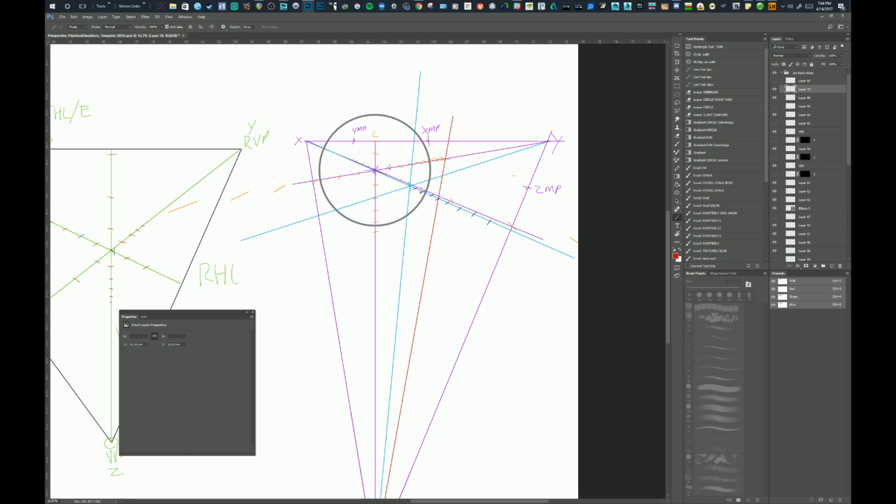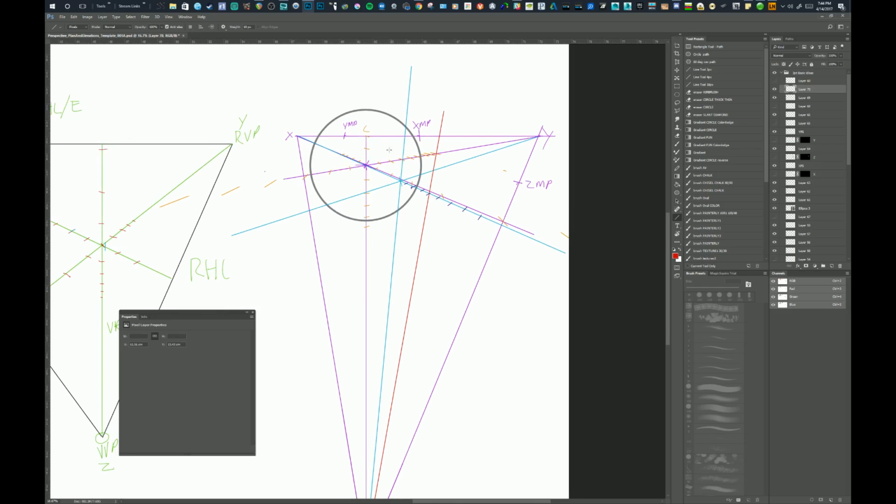So this is the furthest unit back on Y. And if I go down to Z, notice how it hits the floor here, and where it hits the floor, it's 1, 2, 3, 4 units back. Notice from center, it's 1, 2, 3, 4 units back. That's an important distinction.